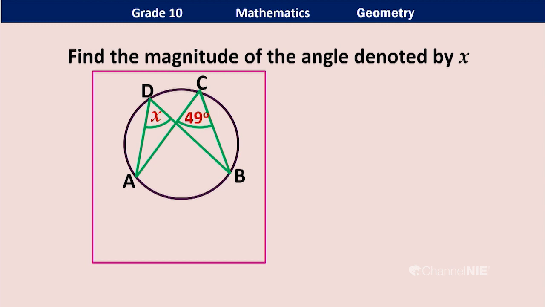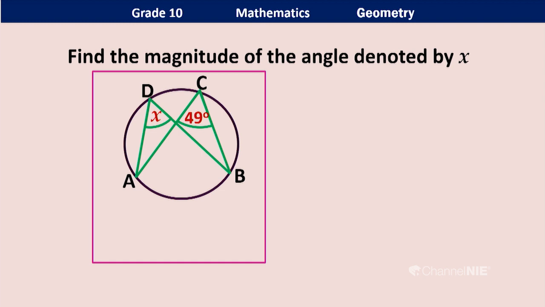Here I have got a circle and there are 4 points on the circle A, B, C and D. They have given that the magnitude of angle ACB is 49 degrees and they want us to find the magnitude of the angle ADB, which is mentioned as X. Here we can observe that angle ACB and angle ADB are on the same segment of the circle.